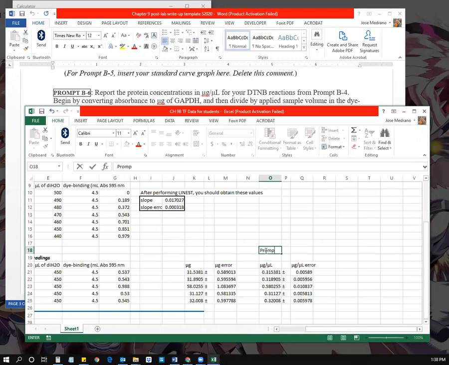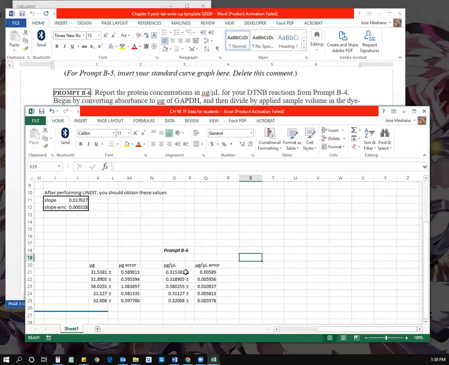I'll put prompt B6 here as a label to show what we're starting off with. What we need to do is go from concentration to mass, and then from mass to moles.